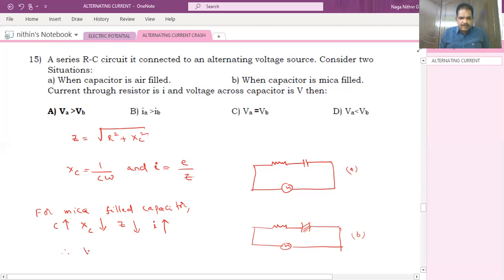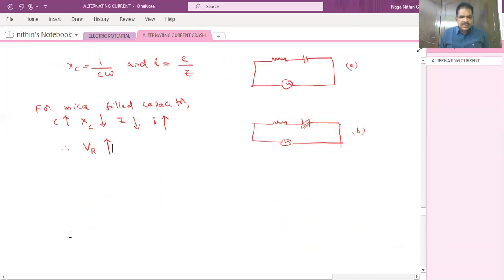Therefore, voltage across resistor will increase, then voltage across capacitor will decrease.